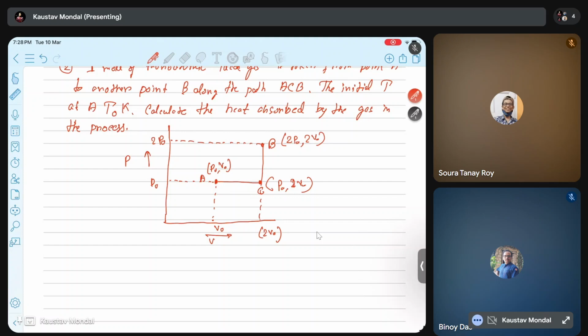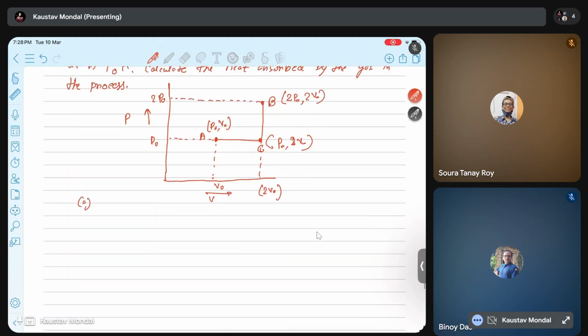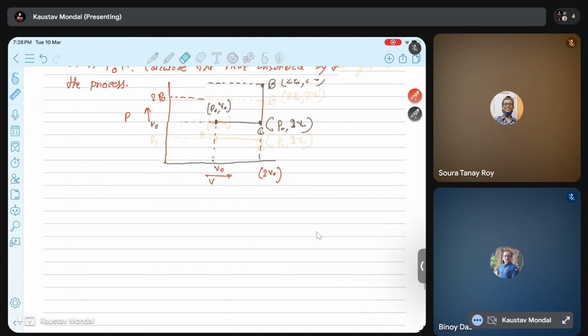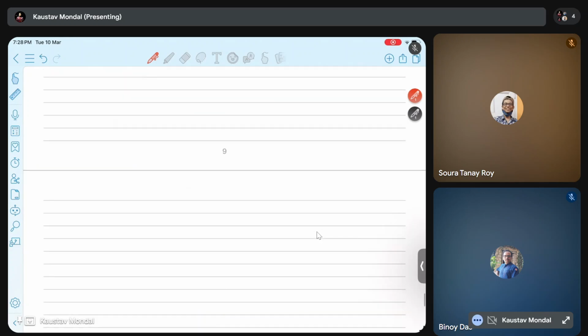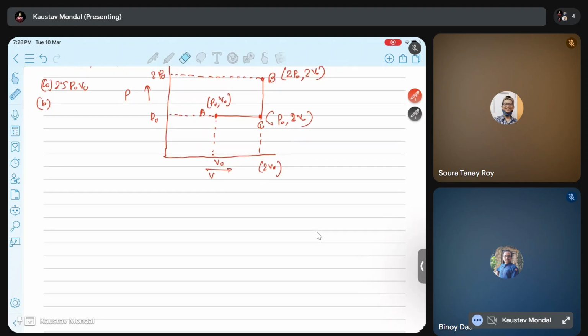The options are: option A is 2.5 P0 V0. Option B is 5.5 P0 V0. Option C is 4.5 P0 V0. Option D is 2 P0 V0.